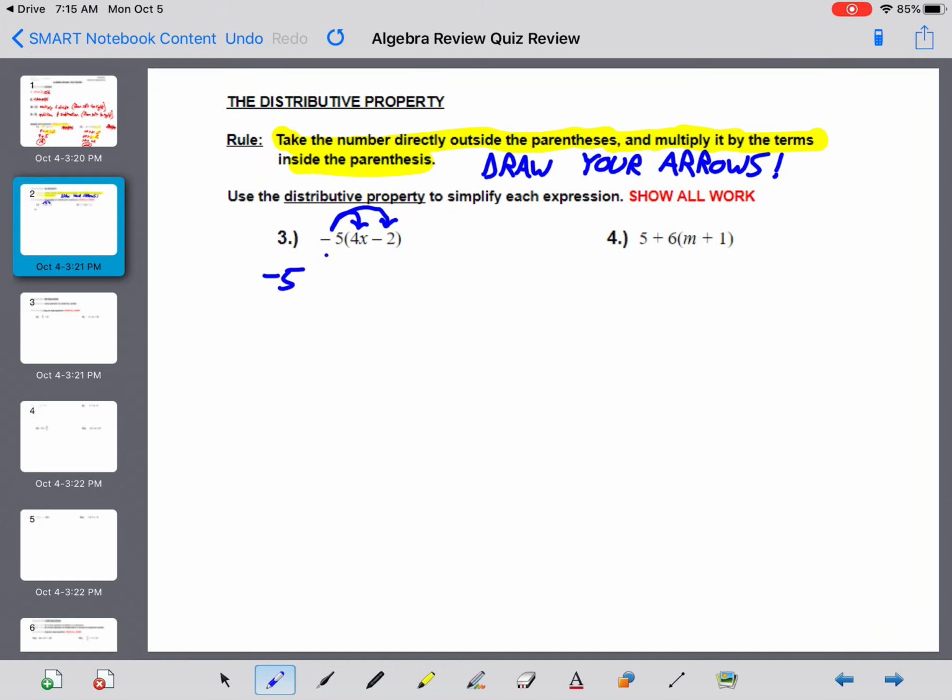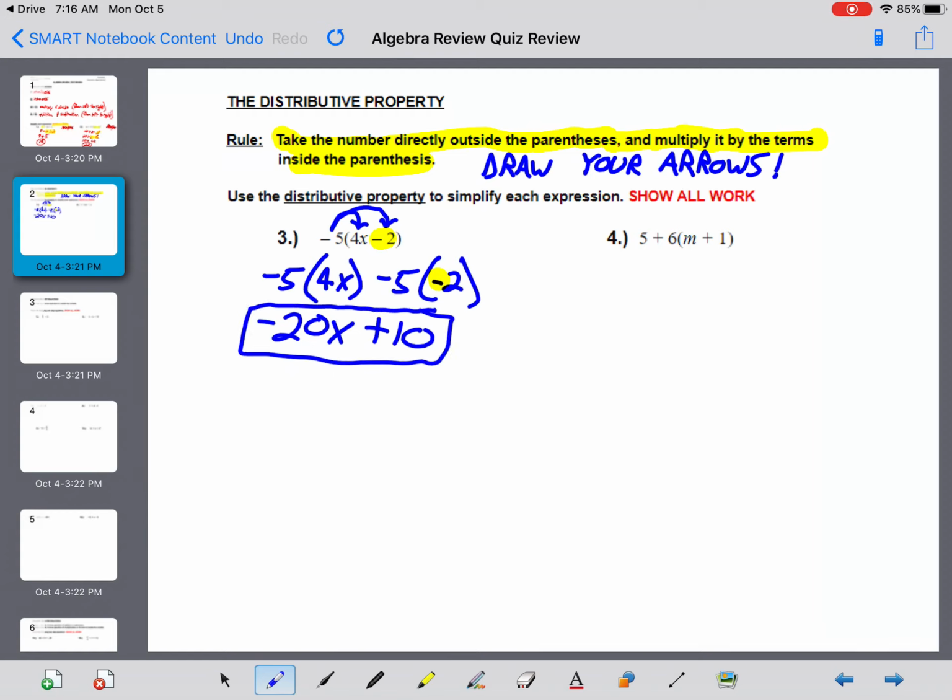Notice how the negative 2, I kept the symbol, negative 2. So negative 5 times 4x makes negative 20x. Negative 5 times negative 2 makes a positive 10. Now, these are not like terms because the negative 20x has an x and the positive 10 does not. So that's as far as we can simplify.